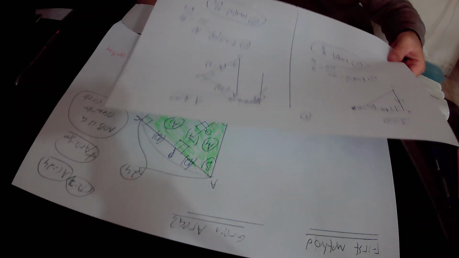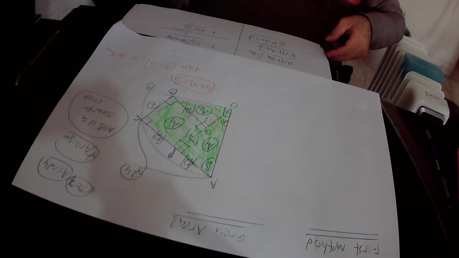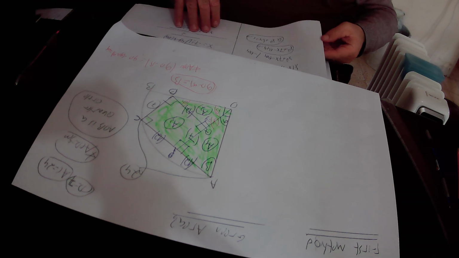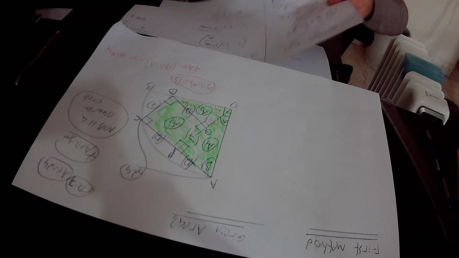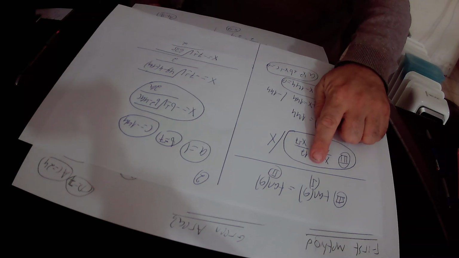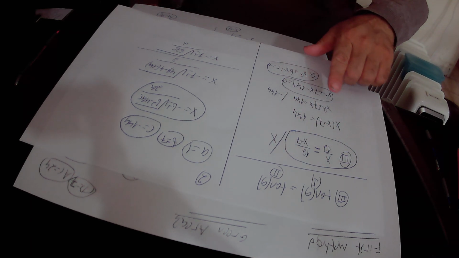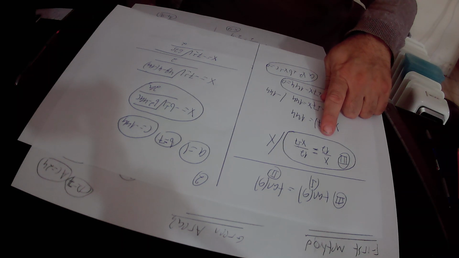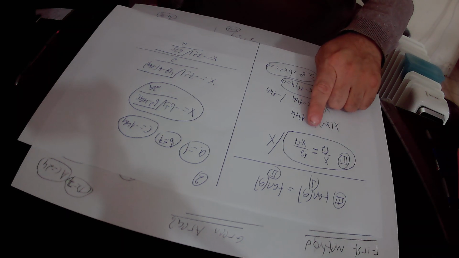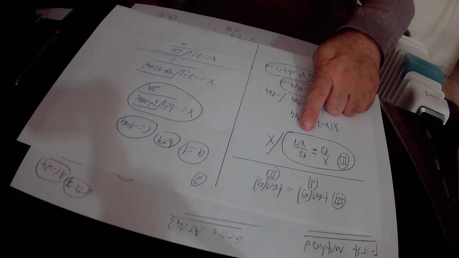Therefore, we created equation number 3, which states that tangent alpha according to equation number 1, x over 12, must be equal to tangent alpha according to equation number 2, 12 over x plus 7.